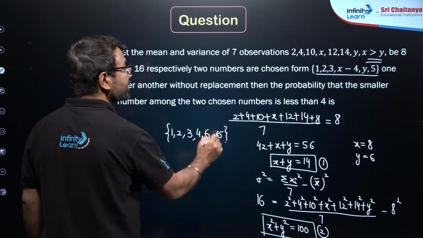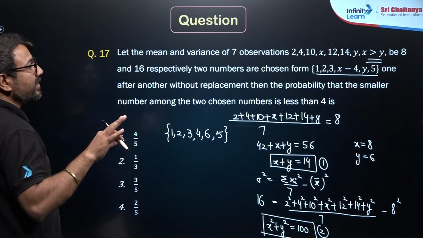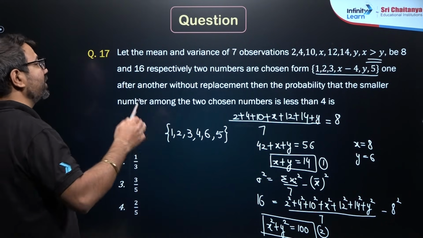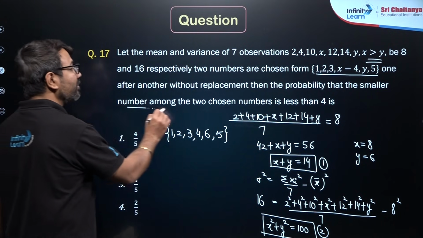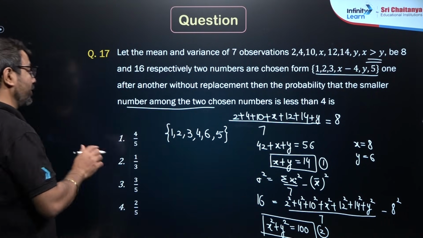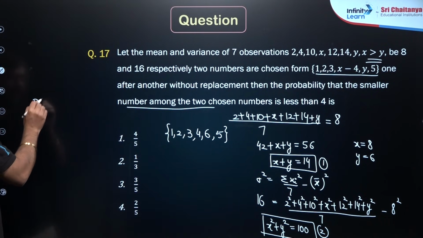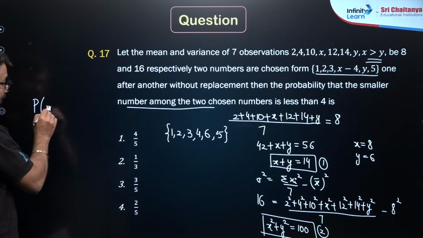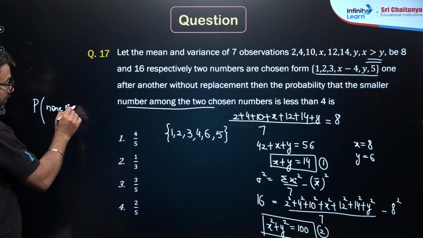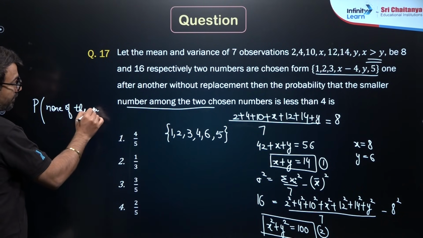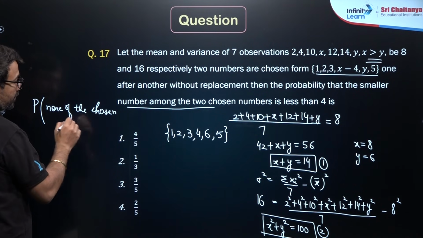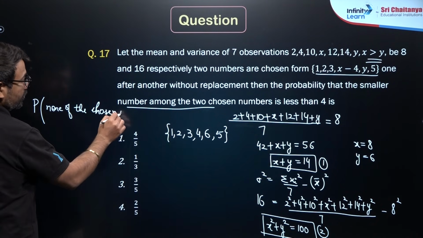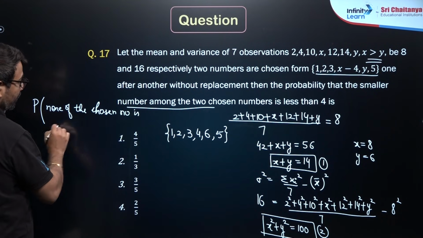Now my dear students, two numbers are chosen respectively from this list, one after the other, without replacement. Then the probability that the smaller number among the two chosen is less than 4. I am finding the opposite case: the probability that none of the chosen numbers is less than 4.